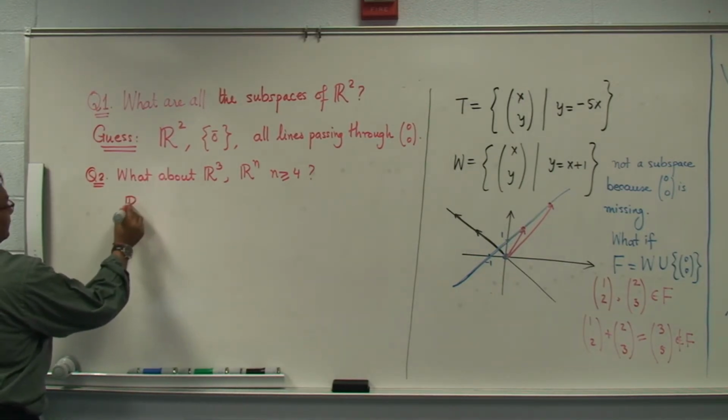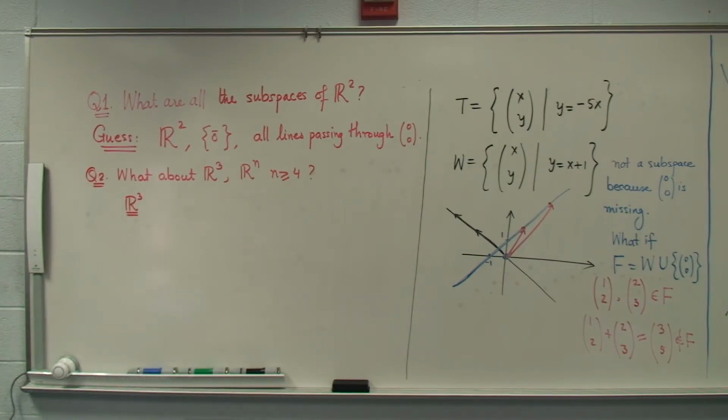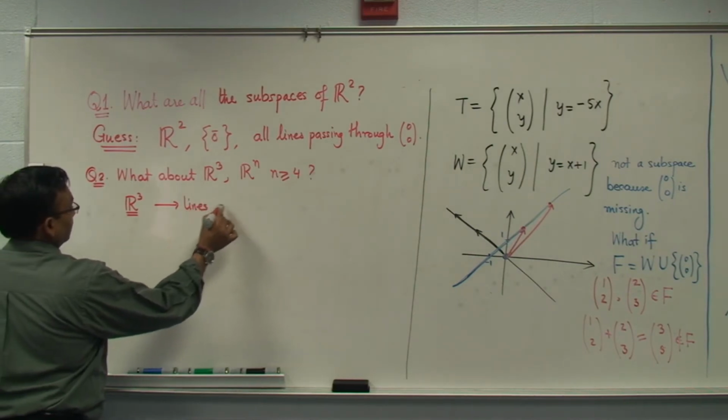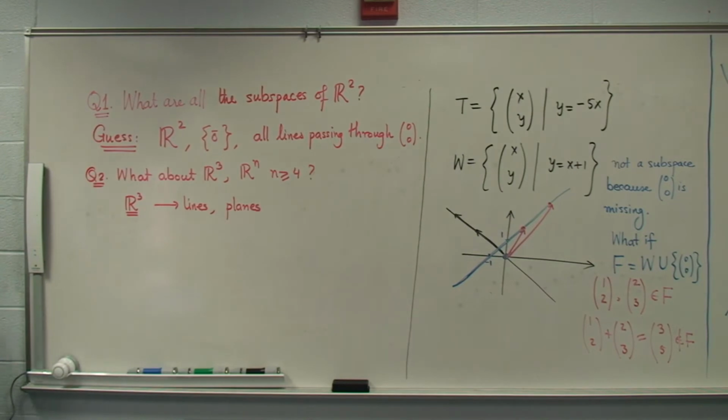If I'm talking about R3, what are the linear objects, if I may use that word, that you see in R3? Well, R3 will have lines. R3 can also have planes. So we have lines, we have planes.